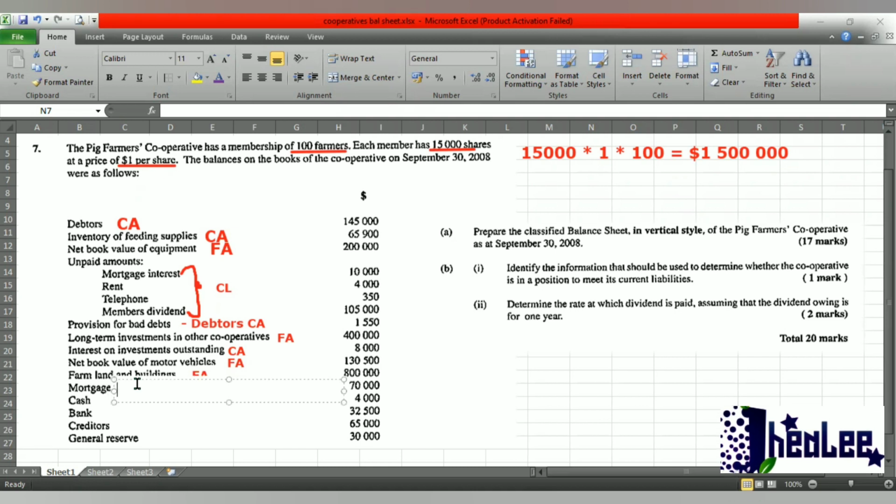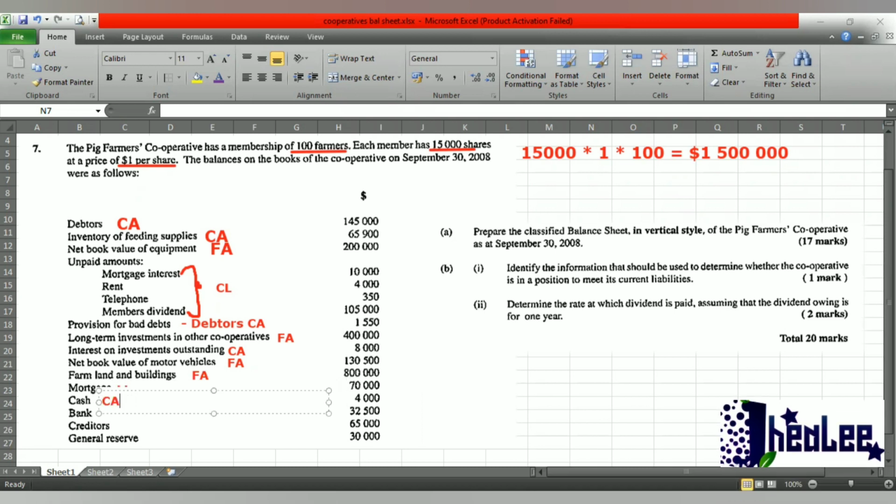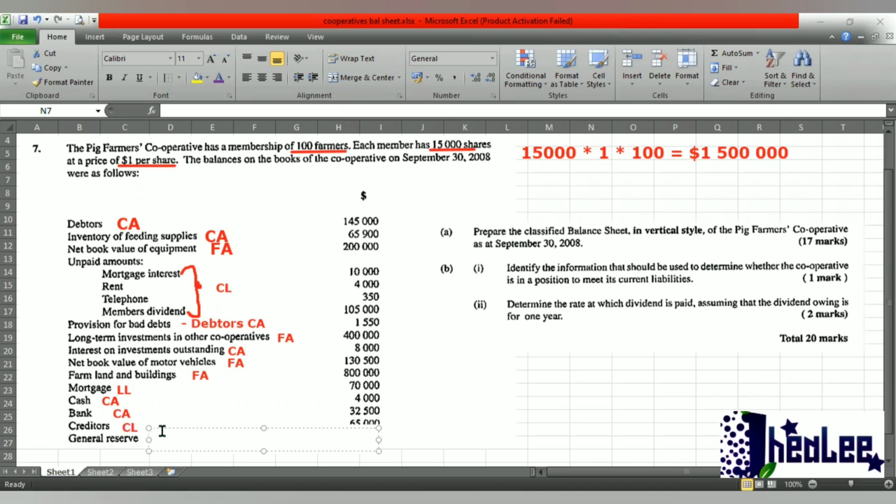Mortgage, that is a long-term liability. Cash is CA. Bank is CA, representing current assets. Creditors is current liabilities, and the general reserve will be used in the reserve section.